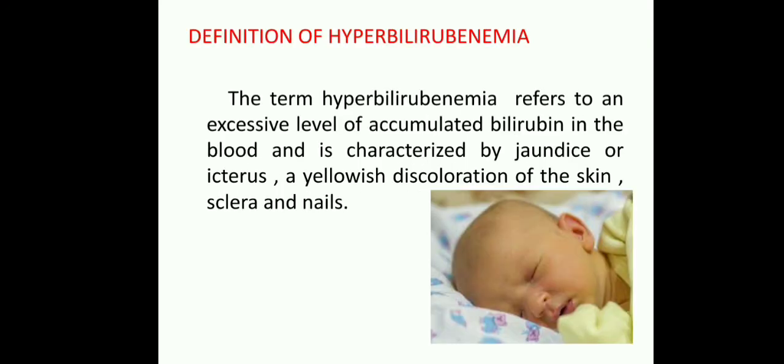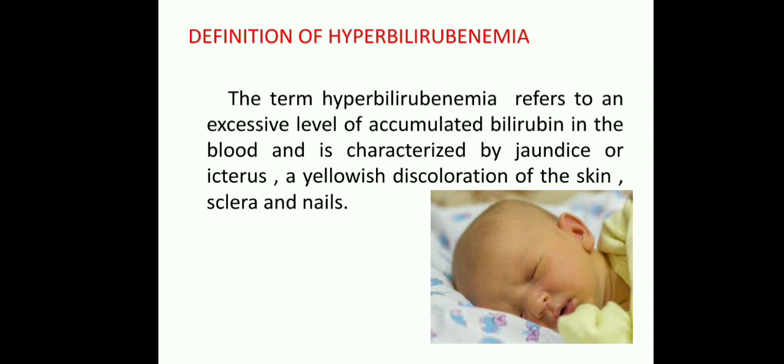Up to now you have learned the introduction of what neonatal jaundice is, bilirubin physiology, and bilirubin metabolism. Now we will discuss the definition of hyperbilirubinemia. The term hyperbilirubinemia refers to an excessive level of accumulated bilirubin in the blood and is characterized by jaundice or icterus, a yellowish discoloration of the skin, sclera, and nails.